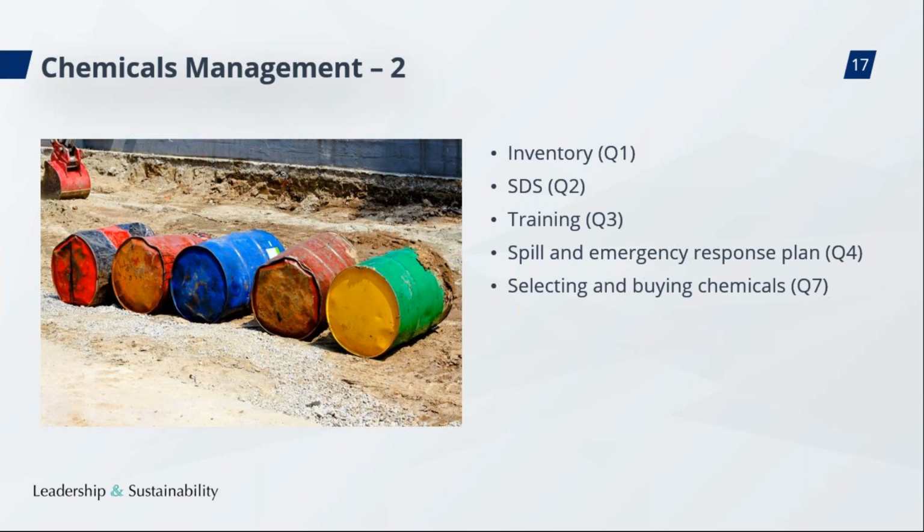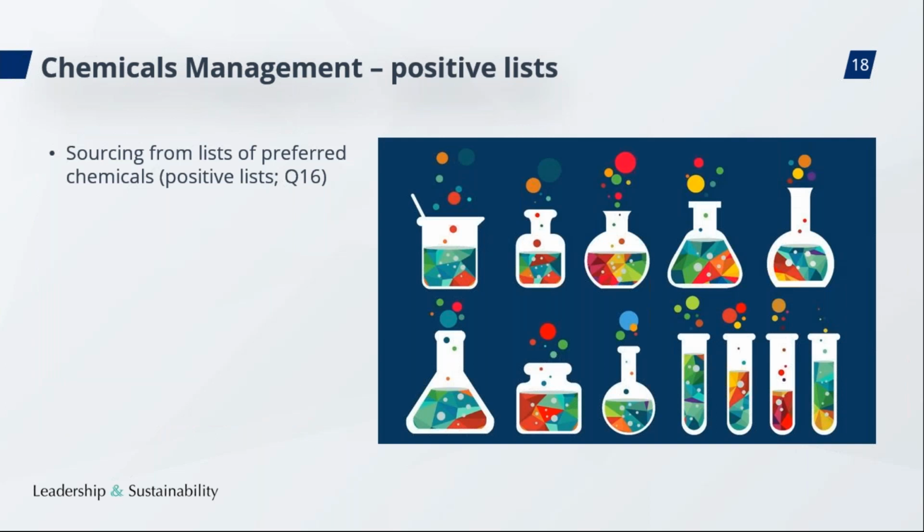Another question covers selecting and buying chemicals according to RSL, Restricted Substances List, and MRSL, Manufacturing Restricted Substances List. As mentioned, there are many more questions, but now I wish to focus on one question that asks factories to source chemicals from positive lists.